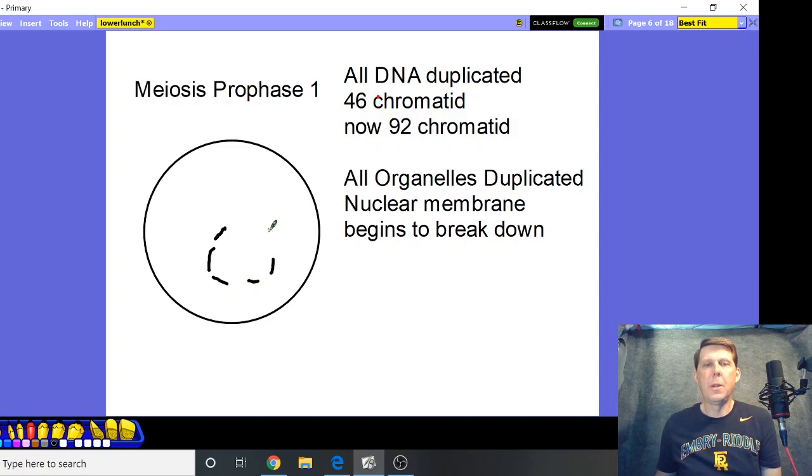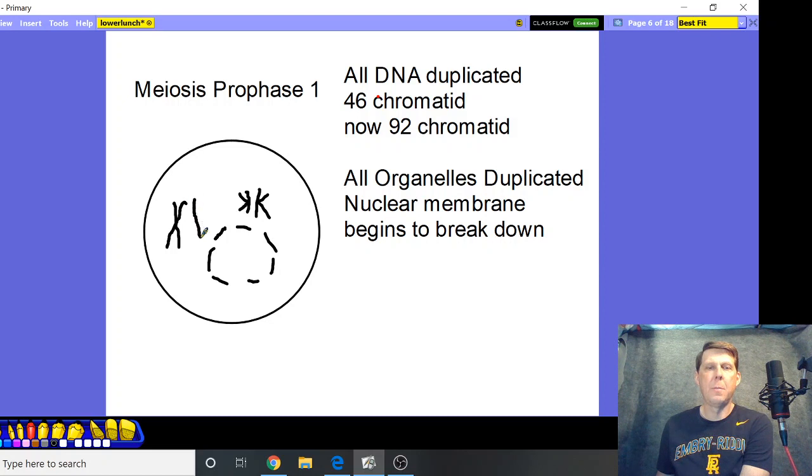We're going to put our nuclear membrane breaking down, and we're going to make this one about the same size and shape as this one. So we'll try to draw it the same way. Good. And we'll draw one over here bigger. And then its homologous pair will also have to be bigger. We'll start to line up with our homologous pairs. And we'll put one here.